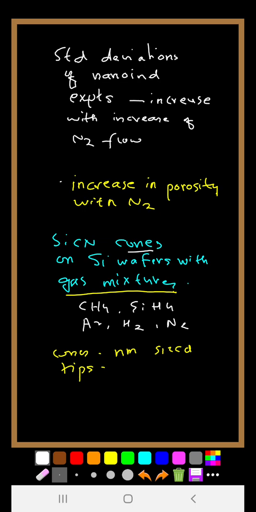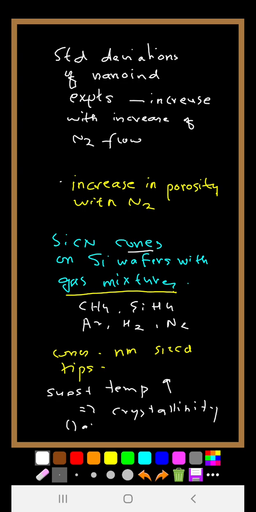So if we increase the substrate temperature, it leads to crystallinity. That means a larger crystal size.